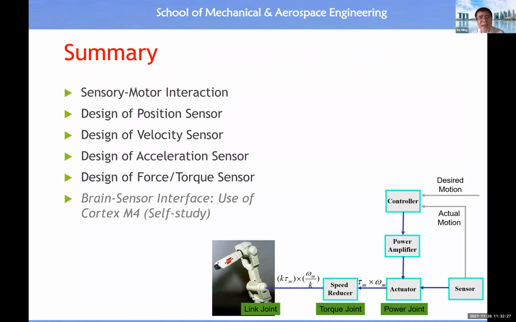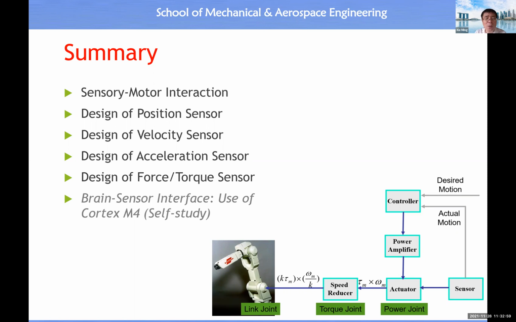So the key takeaway is for you to understand the importance of incorporating sensors inside the body of your robot. In this way, you will make your robot perform a controllable motion. And then we have studied the background knowledge behind the design of motion-related sensors, which include position sensor, velocity sensor, acceleration sensor, and force torque sensor.